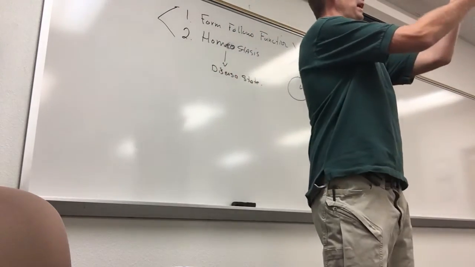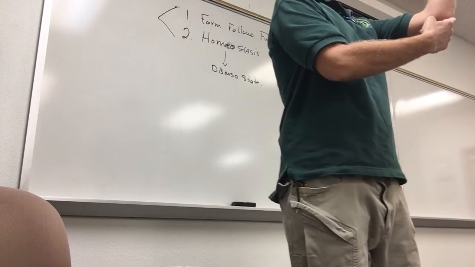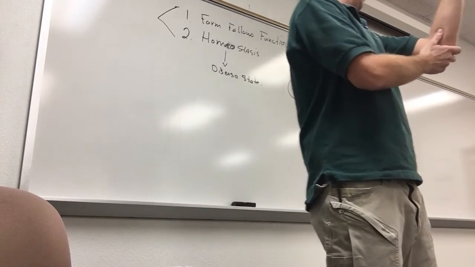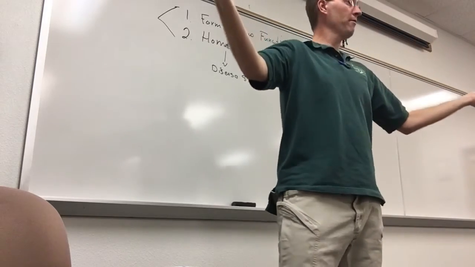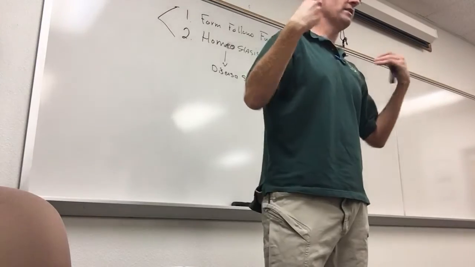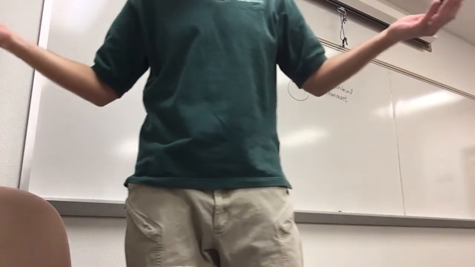So if I look at my wrist versus my elbow, my wrist would be distal to my elbow, and my elbow would be proximal to the wrist. You guys okay with that? So proximal is toward the point of attachment, distal is away. That's proximal versus distal.